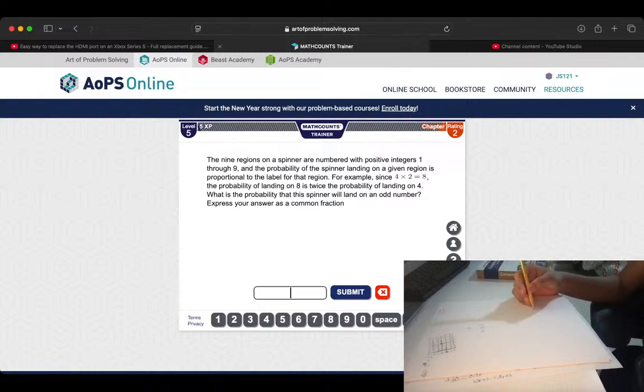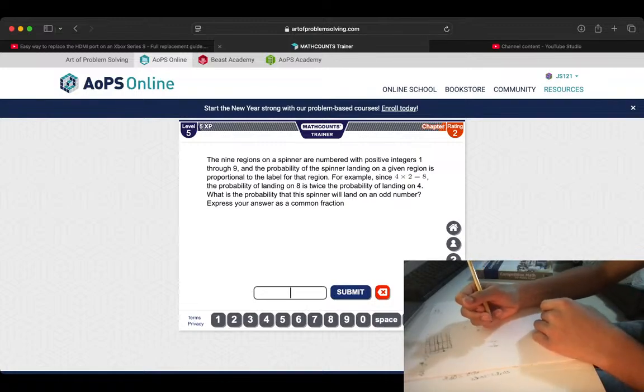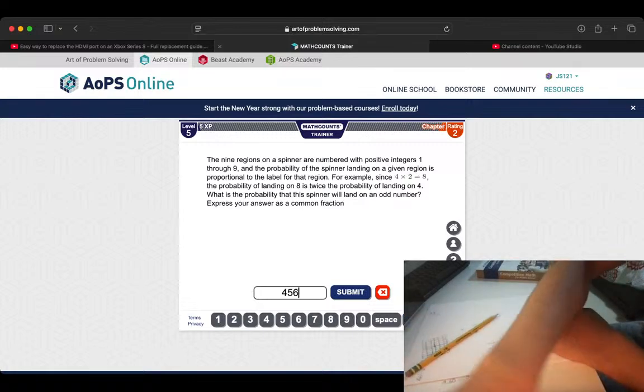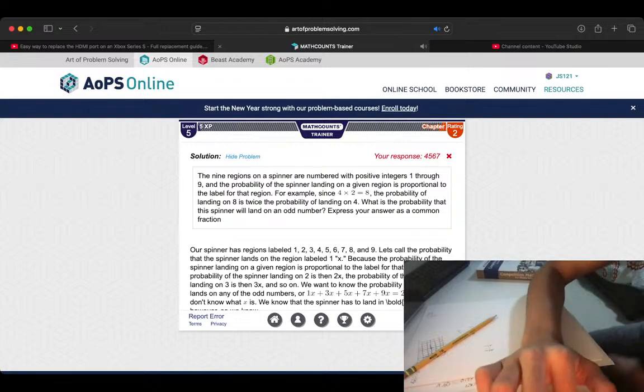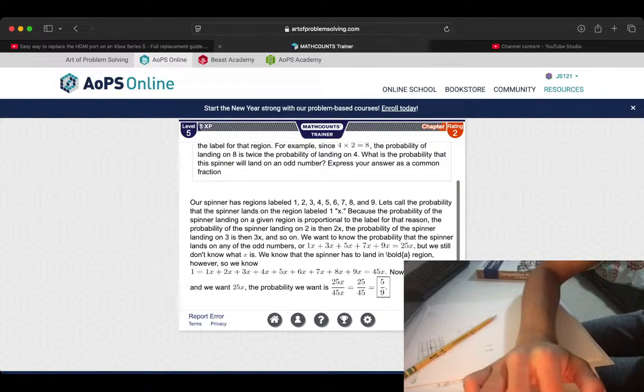Okay, so if you add 1, you're gonna start with 1, or 9, then you go 3 over 9, you go to 5, what's gonna happen? I don't know what they mean by proportional. Probability that the spinner lands on the region labeled 1x.